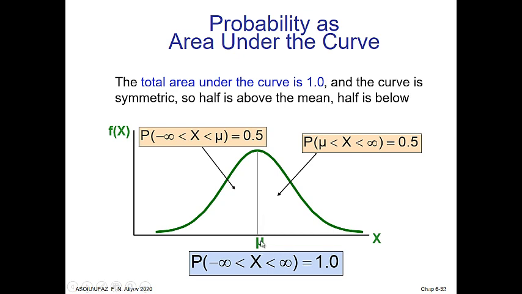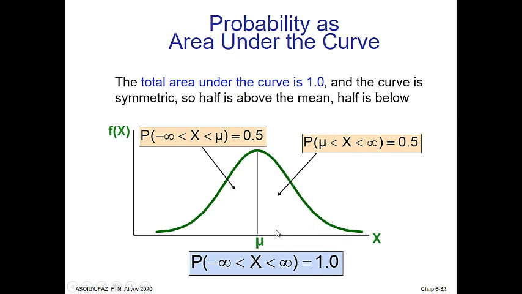Also we said that the mean represents the center of the distribution and the graph is symmetrical relative to the mean. So what does it mean? It means that the mean divides the graph into two parts. On both sides, the area under the graph, because the graph is symmetrical, equals 0.5.